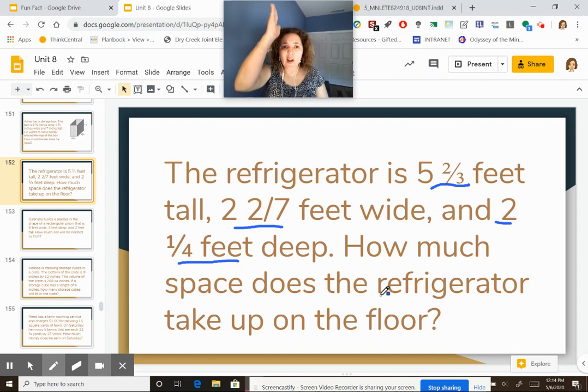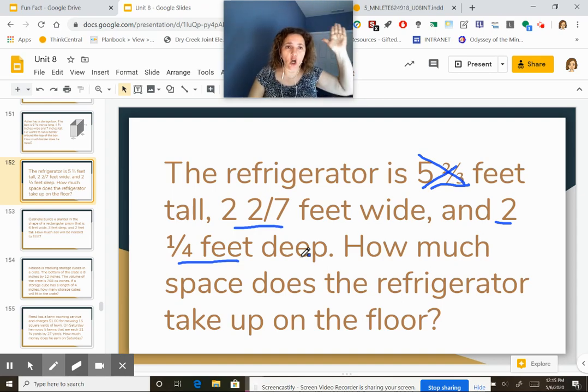So do I need to know how tall it is? No. So I do not need the 5 2/3 feet tall. That doesn't matter because I just want area, and area is length times width. I don't need the tallness, remember, because area is just length times width.